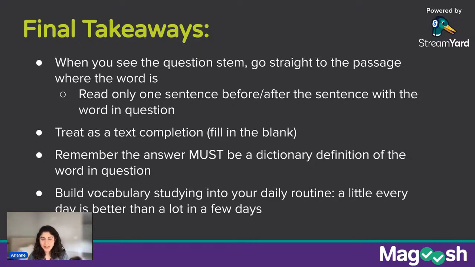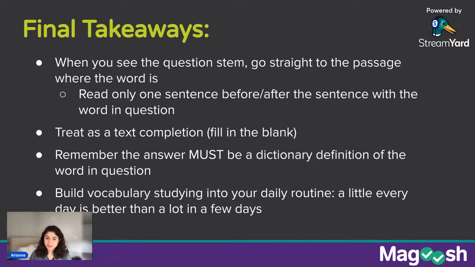Two, to avoid all of these trap answers, you want to treat the question as a text completion or a fill in the blank exercise. Three, most important, you saw how it almost got me. You want to remember that the answer choice that you pick must be a dictionary definition of the word that you have in your question, the one in quotations.